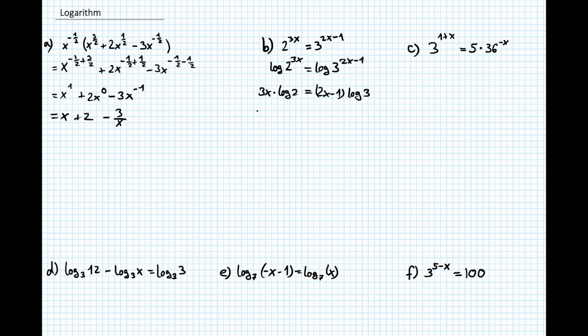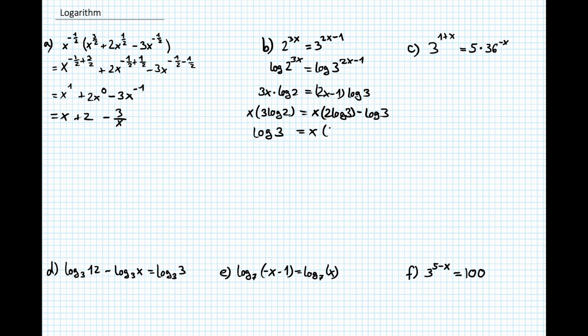Okay. Now we'll factor out the x. Okay. Now put this expression over to the right side and log 3 to the left side, so that we have the term with the x on one side.